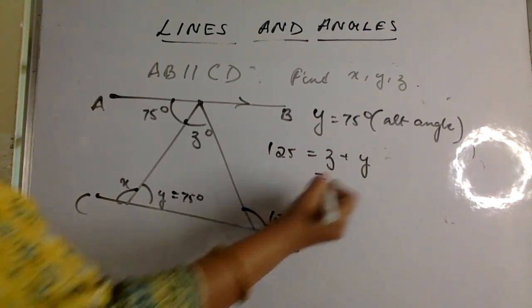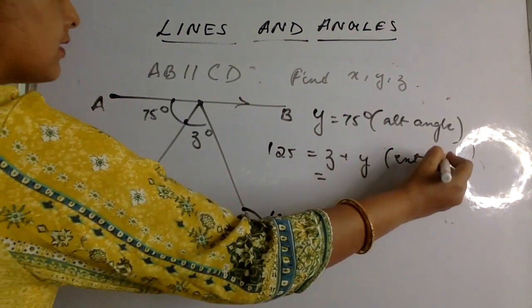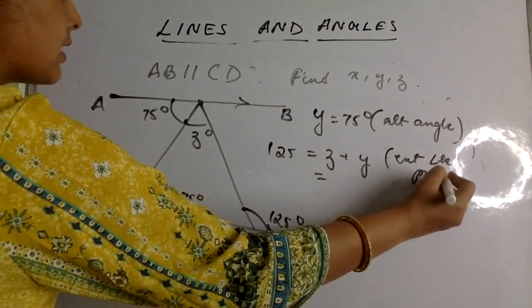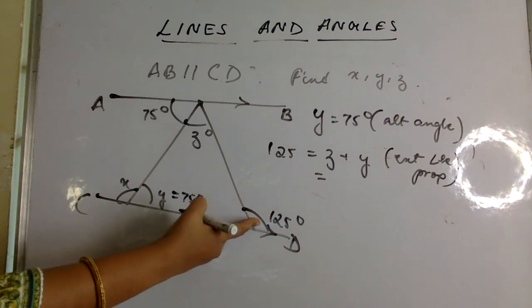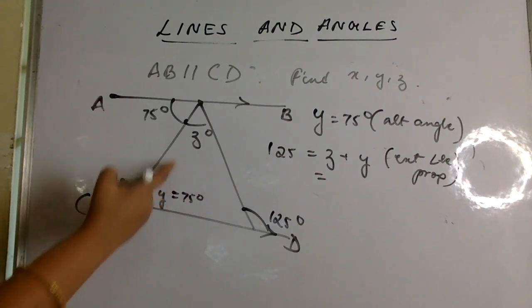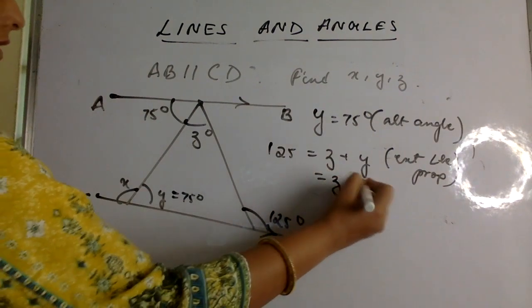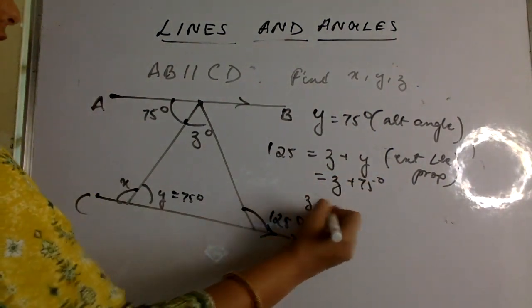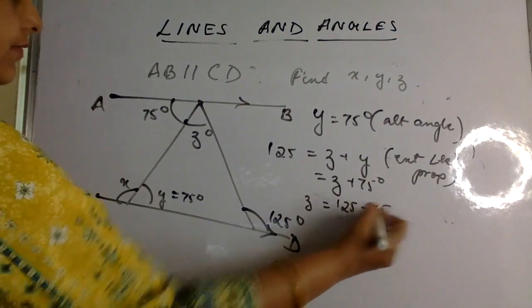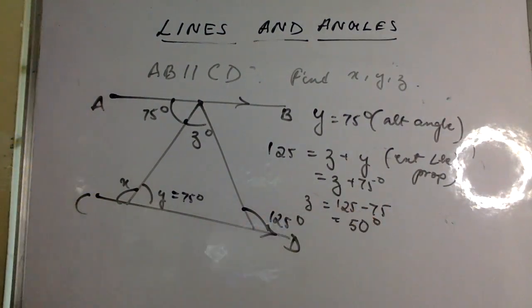Why 125? Exterior angle property. Exterior angle property means the exterior angle of a triangle is equal to the sum of the interior opposite angles. So y can be taken as 75. So z is equal to 125 minus 75, which is 50 degrees. So we got the value of z also.